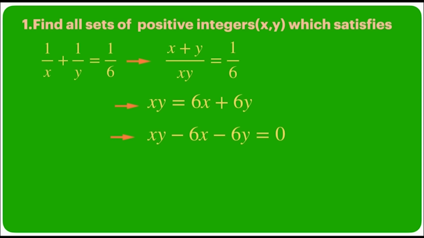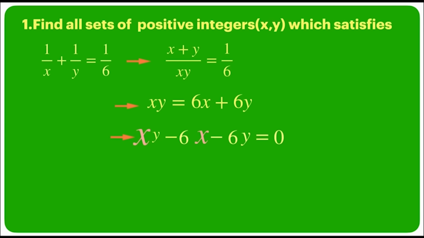Just see, xy minus 6x minus 6y equal to 0, and look here: x is common in the first two terms, that is xy minus 6x. If we take x as common, then y minus 6 will be a factor, and then next there is minus 6y, and next there is none.